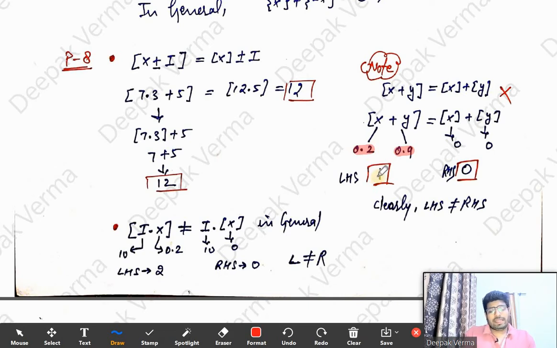So on left hand side we get 1, whereas on right hand side, box of 0.2 is 0, box of 0.9 is 0. So on right hand side we have 0, left hand side we have 1. This is not equal. Got it? So left hand side is not equal to right hand side, hence not verified. So therefore this property does not hold. So remember this.